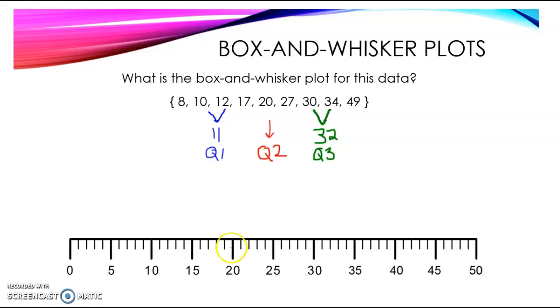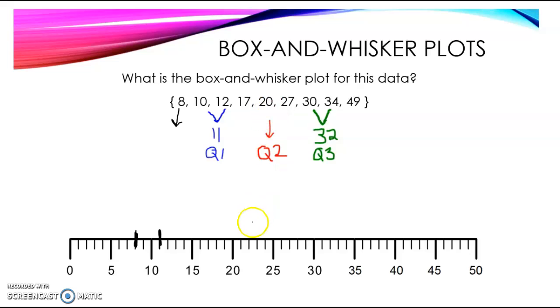So I'm going to start off by just labeling each of the 5 points onto my number line. So if you remember, our minimum was at 8, so that is going to be the lowest value on our box and whisker plot. That's where that 8 is going to go. The next value is at 11. That is our first quartile. That's actually going to be the left side of our box, but I'll draw that later.